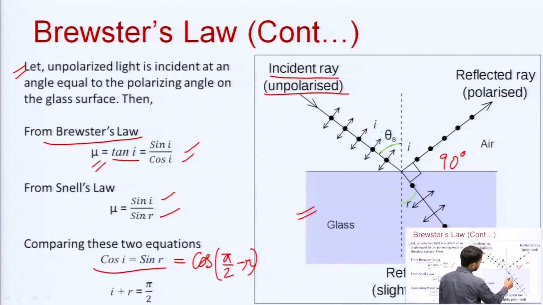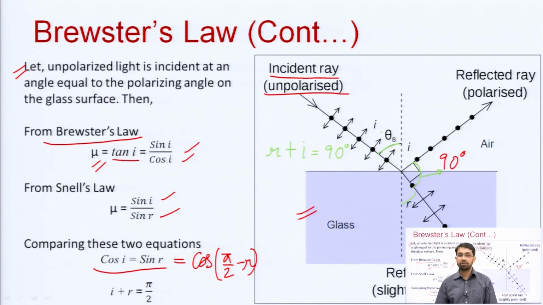So, this plus this is equal to 90 degree. It means R plus I is equal to 90 degree, pi by 2. Again this is a normal. So, this is 180 degree. So, 180 minus 90 is equal to 90. So, this angle is 90 degree.